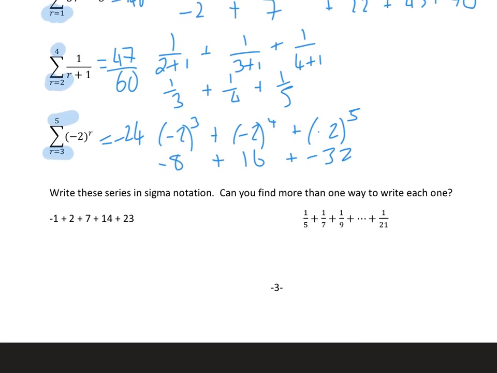Equally, I could be given a sequence or a series and be asked to write them using the sigma notation. And there's an infinite number of ways of writing them. So for the first one, if I think minus 1, 2, 7, 14, 23, that's going up in threes.